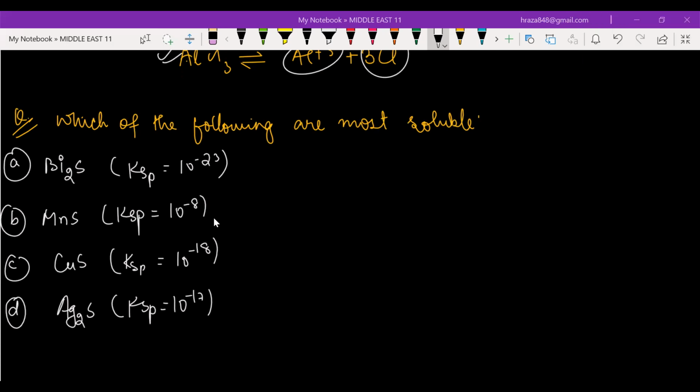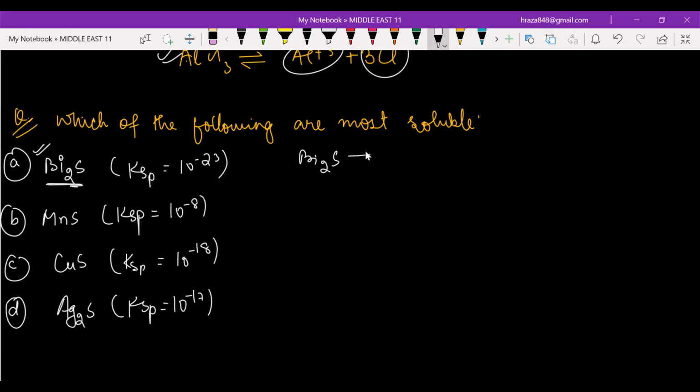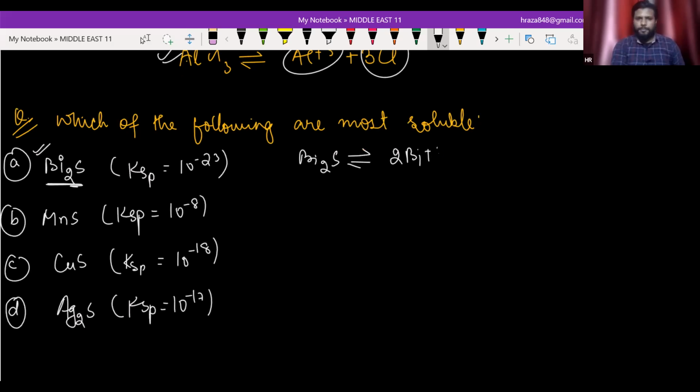Yes, sir. Now, what you do for this, just dissociate this in your mind. How many ions will be here? This Bi2S3 will be 2Bi plus 3, bismuth, and sulfur has minus 2 charge, so it will be plus here and minus 2 here.